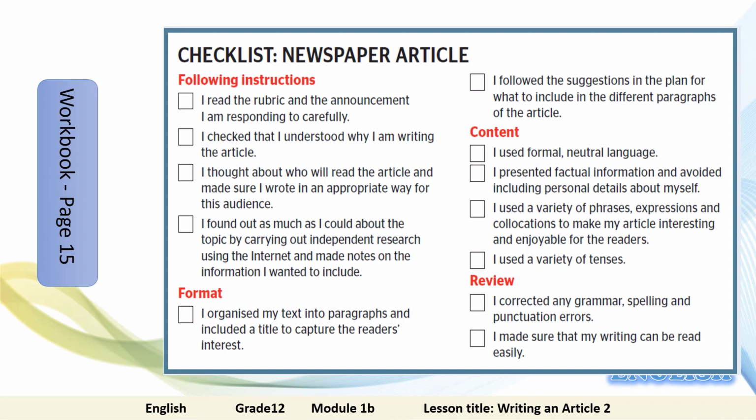We need to make sure that each and every item in this checklist is in our article. The first one, following instructions. Have I read the prompt very well? Do I know why I'm writing? Do I know my audience? Have I collected enough information, figures, numbers about the article?